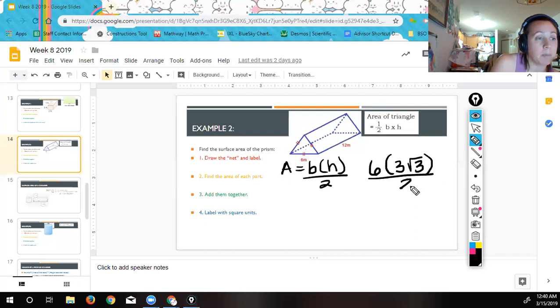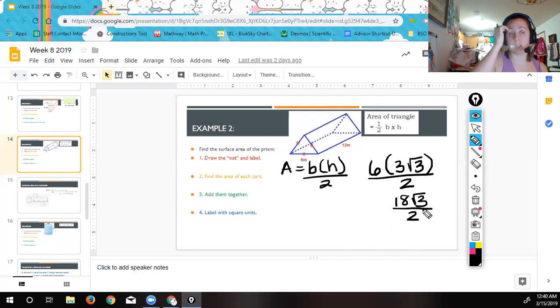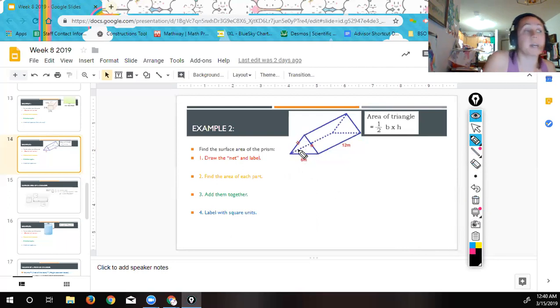And I would divide by 2. I'm going to simplify it a little bit for now. I'm going to go 6 times 3 is 18. And I'm going to leave that square root of 3 there because I don't want to multiply by it yet, because when I do that, my answer gets really inaccurate. And then 18 divided by 2 is 9. So I get 9 square root of 3 for the area for one of the triangular bases.